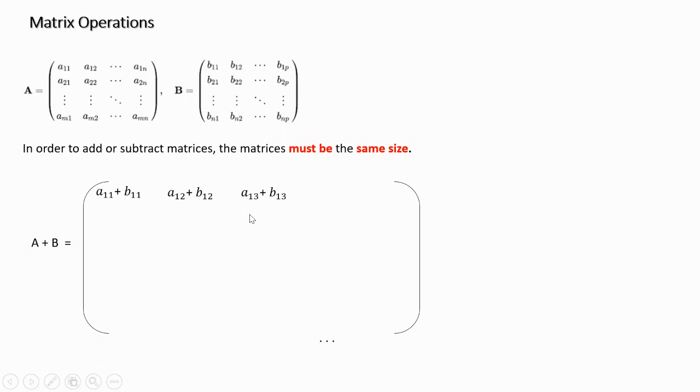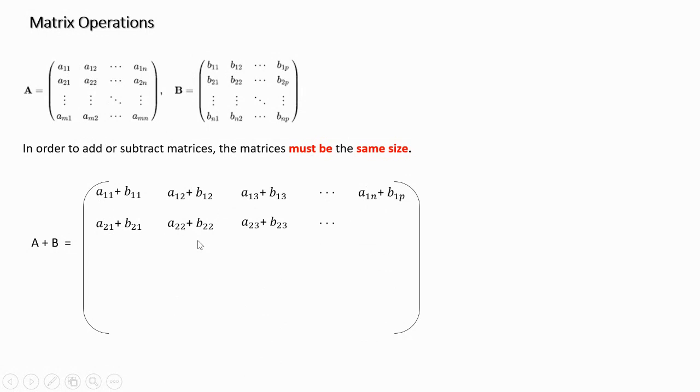And the pattern continues until we get to the size of the matrix. And then comes the second row, right? Second row, first column, plus second row, first column, for each position there.